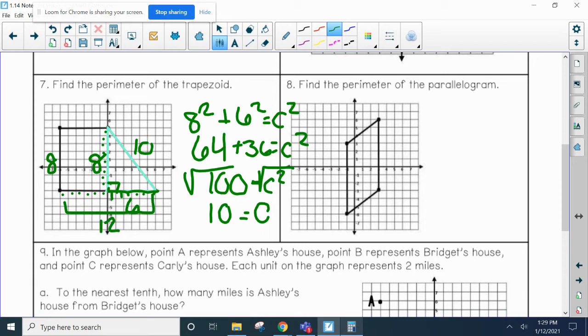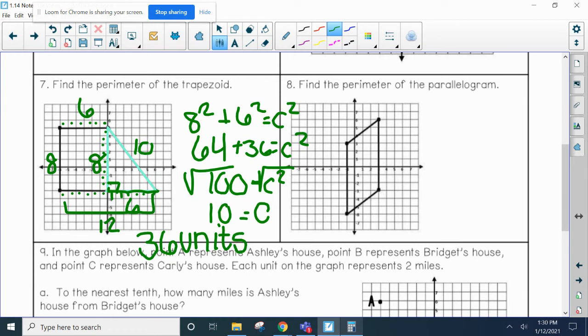So my diagonal is 10. We figured out our height was 8 when we did our triangle. So we have 10 for our diagonal, 12 for the bottom, 8 for the left, and then 1, 2, 3, 4, 5, 6. So when we add all of those together, we're going to get 36 units.